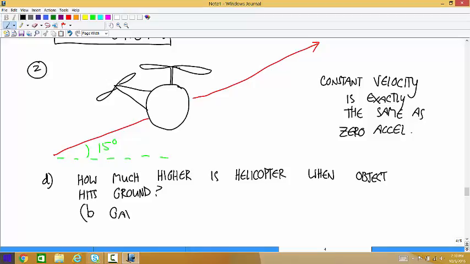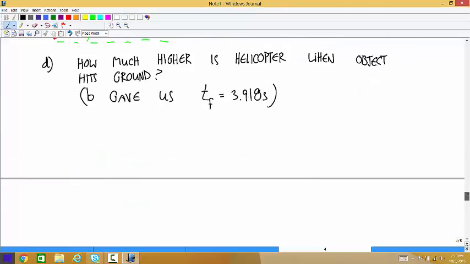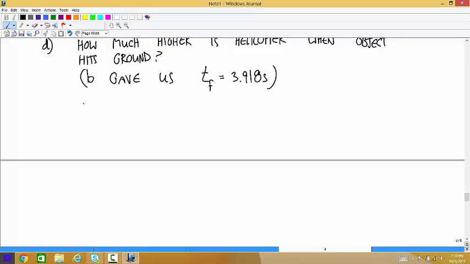Okay, so B gave us time final equals 3.918. Okay, so now we'll make those choices. Time equals 0 is when the object is released.